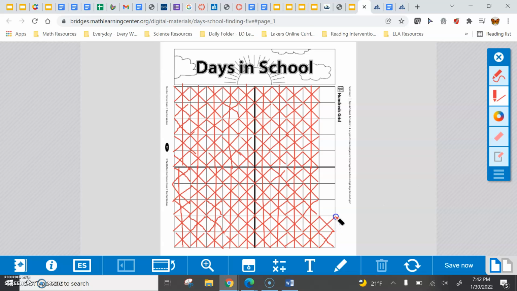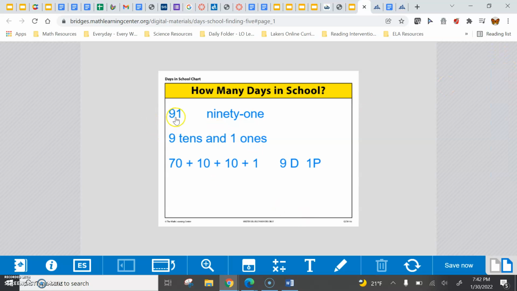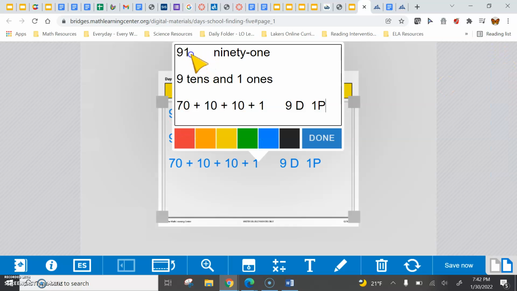So we'll add on another day that makes it 10, 20, 30, 40, 50, 60, 70, 80, 90, 91, 92 days that we've been together. 92. So we'll change all of our information here to 92. 92 here.